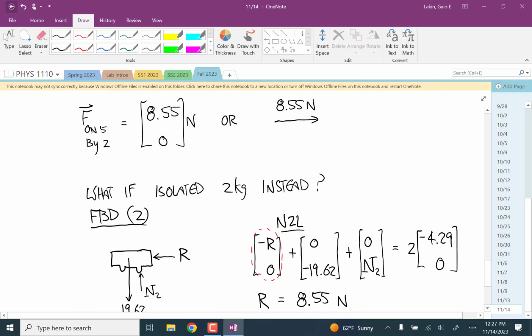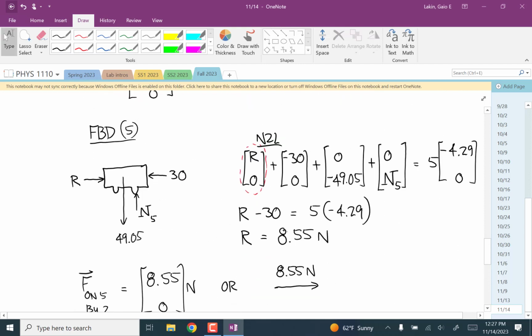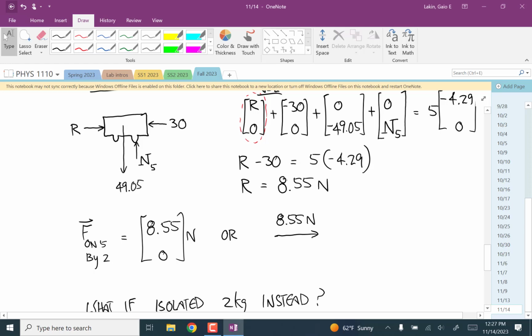So even though the free body diagrams look different, you can calculate it either of those ways and it'll come out the same.